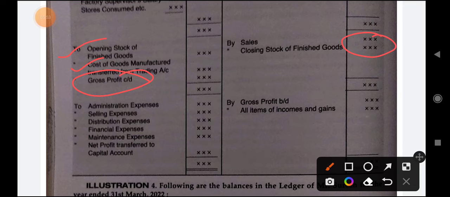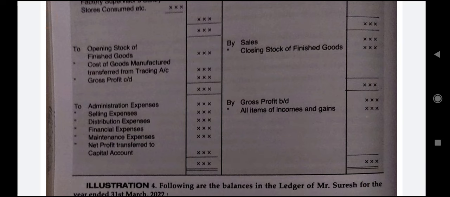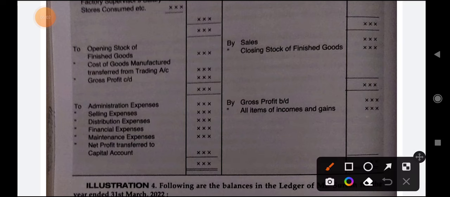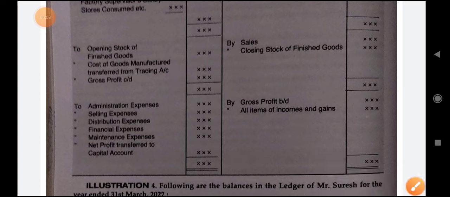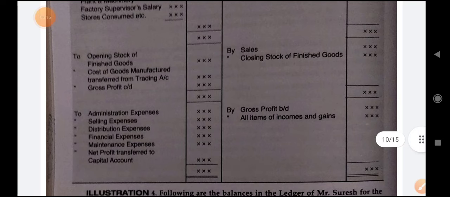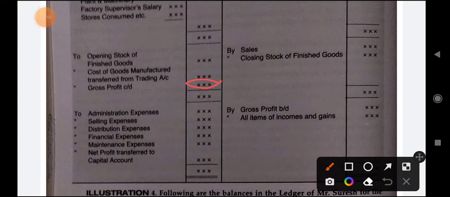If the debit side is more, you may have gross loss. Generally profit will be there, so gross profit will be the balancing figure in trading account. From trading account, gross profit will be transferred to P&L account, so gross profit brought down will be there.